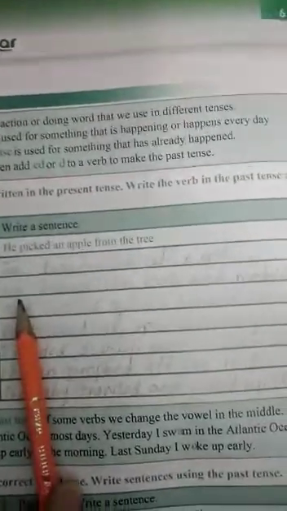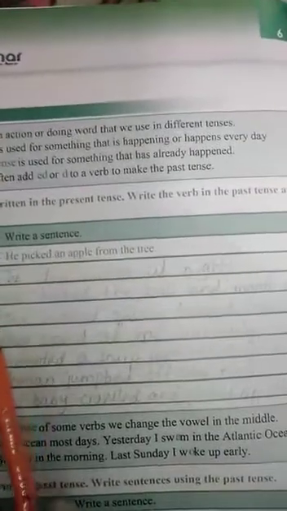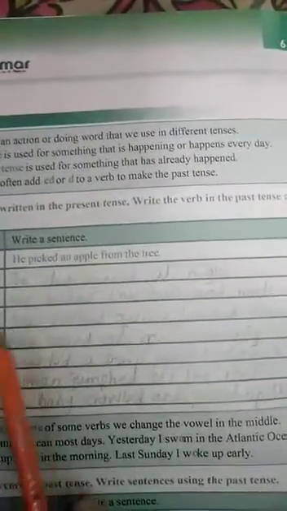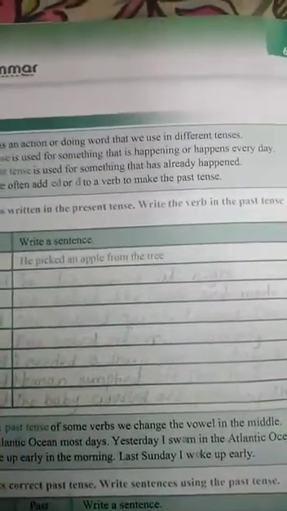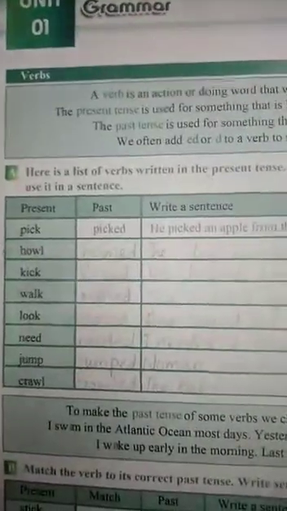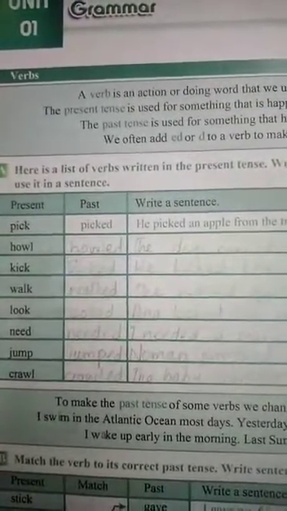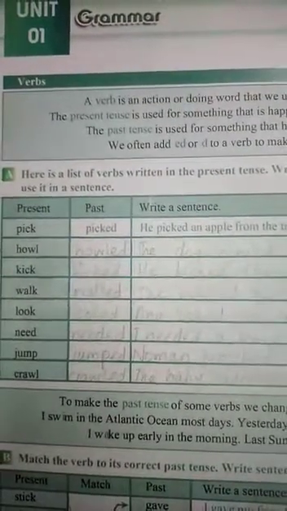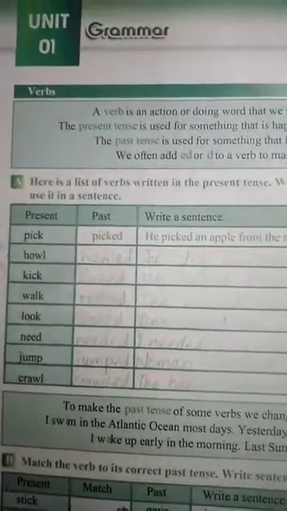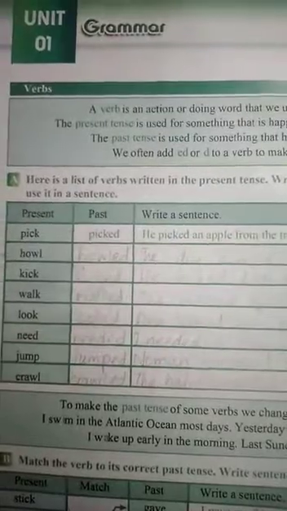Or we can write, Nasir kicked the ball, or she kicked the door. Another sentence, Ali got kicked out of the school, or I was kicked out of the party last night, or she kicked me twice. So these all are different sentences of the word kicked.